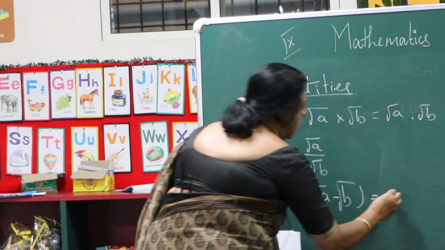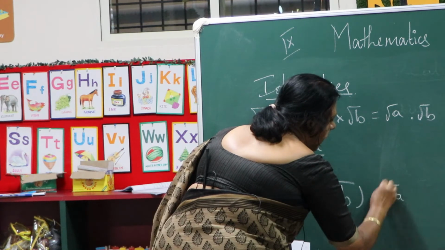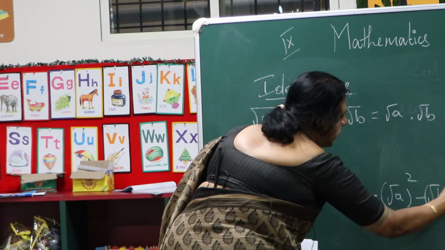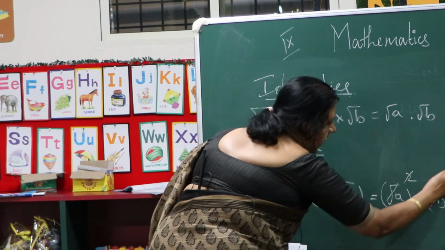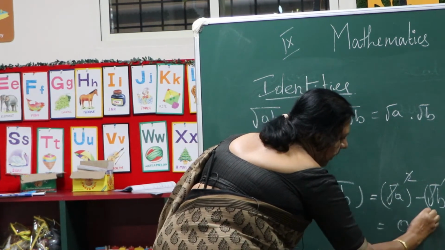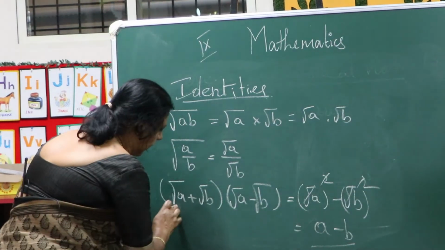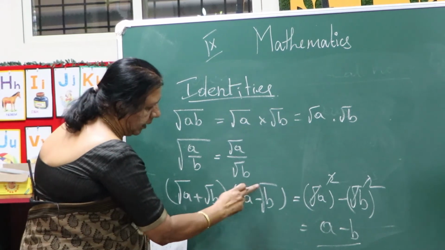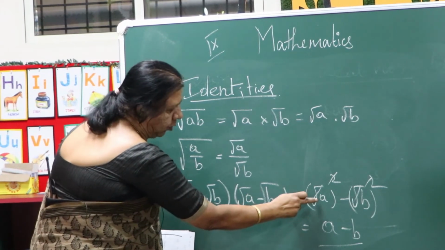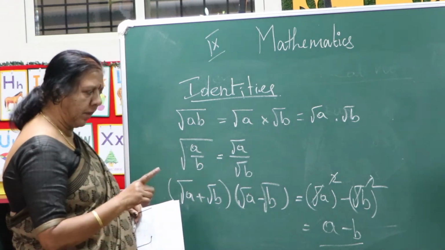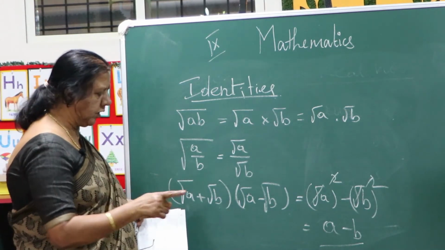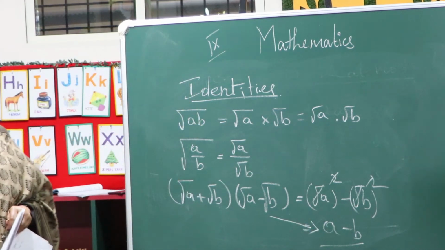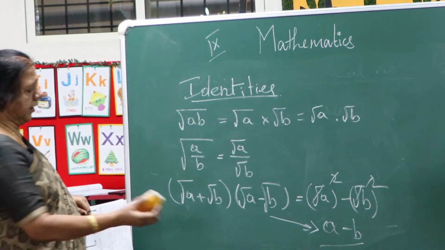Here also root a whole square minus root b whole square. Cancel, this is a minus b. So (root a plus root b) into (root a minus root b) is equal to root a whole square minus root b whole square. If you simplify, the result is a minus b. This is the third identity.